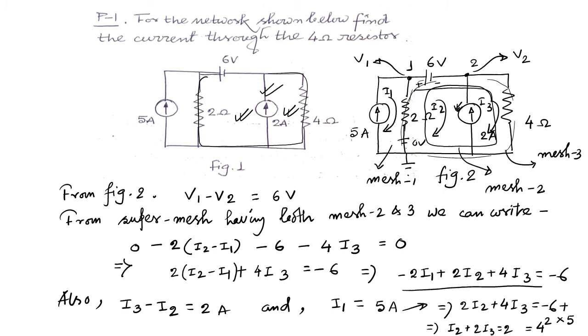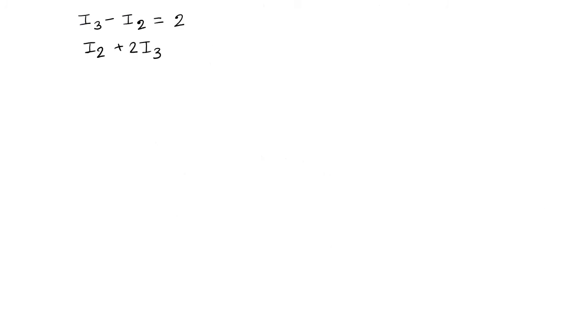I3 minus I2 equal to 2 ampere, and also I2 plus 2I3 equal to 2. Now summing them up, I2 will cancel out, and 3I3 equal to 4. That means I3 is equal to 4 by 3.